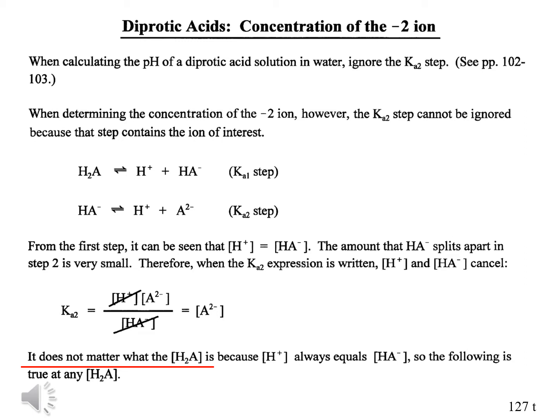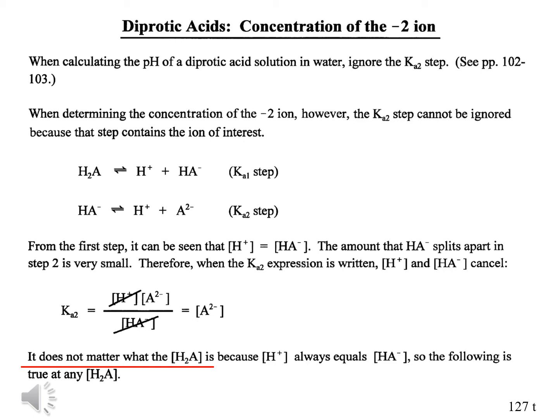The thing about this is that it doesn't matter how much H2A you use, because adding more H2A is not going to change the fact that the H plus and the HA- are equal. So you can't increase the amount of A2- by increasing the amount of H2A. You have to do it a different way.